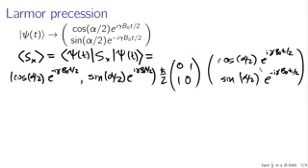For instance, if you calculate the top entry of the row vector that results from this matrix vector product, it's going to be 0 times cosine, the cosine term, plus 1 times the sine term. So it's just going to be the sine term appearing in the top position. Likewise, we'll get the cosine term appearing in the bottom position.